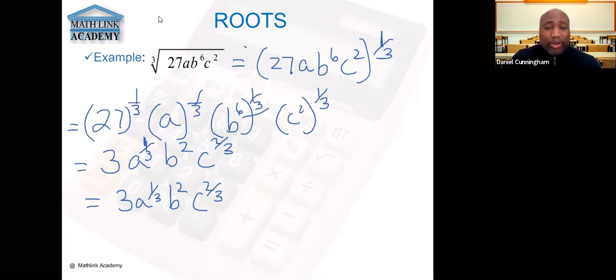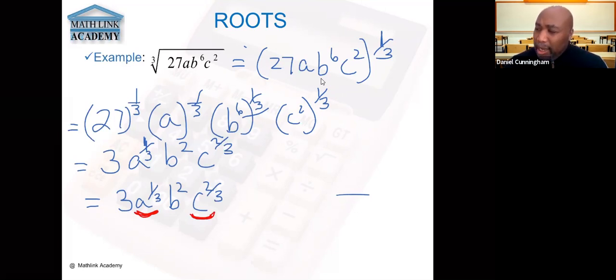If you don't like the 1/3, you could change it back to the cube root. Again, the cube root is equal to the 1/3 power. So another way to write the answer, I'll change the color so you can see some different ways. Let's use red. We have a to the 1/3 and c to the 2/3.